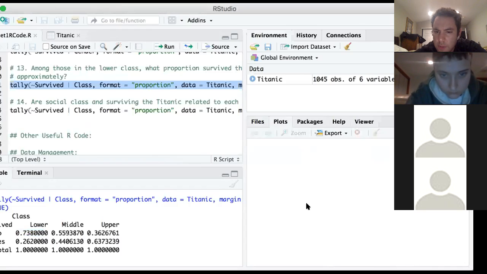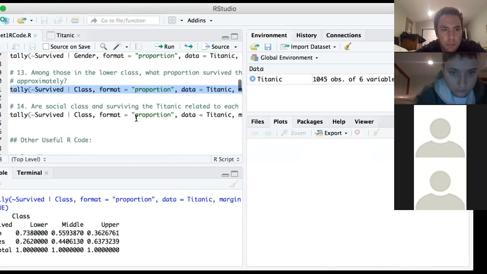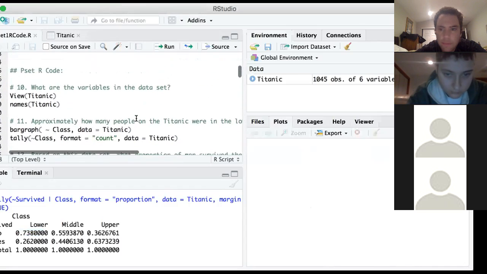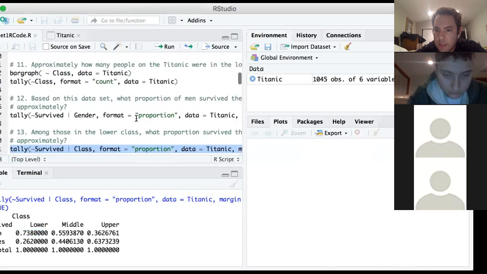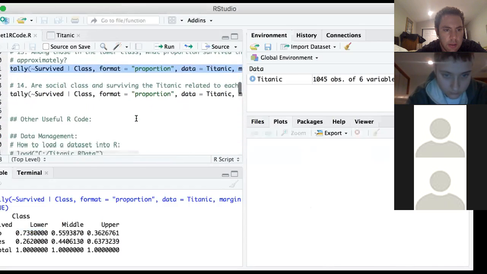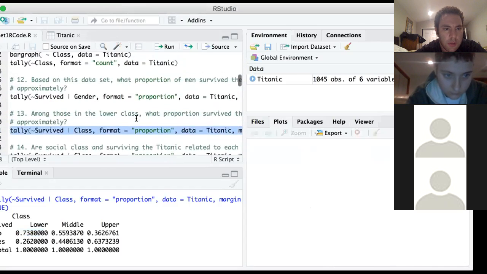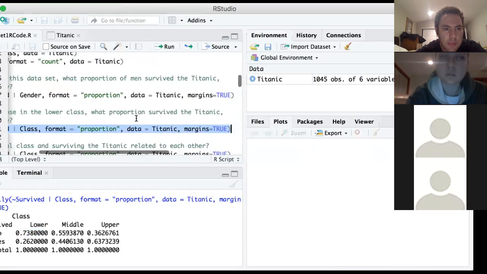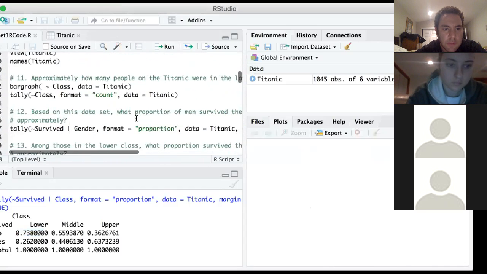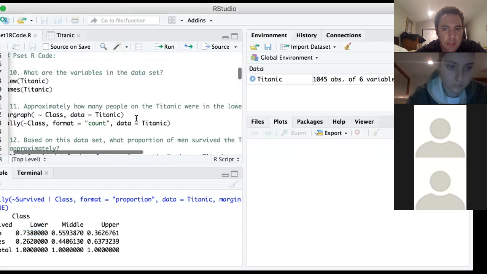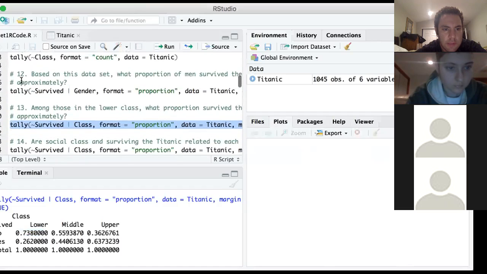Okay, so the question was, amongst those females in the lower class, what proportion survived the Titanic approximately? So okay, here, based on the data set, what proportion of men survived the Titanic approximately, right? That was question number 12. Is that the question?